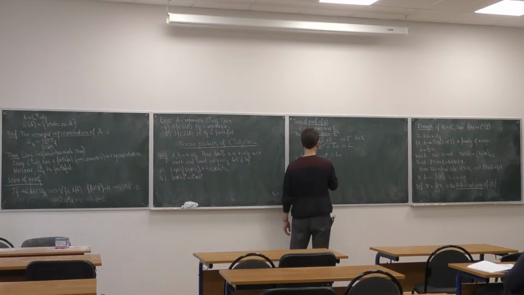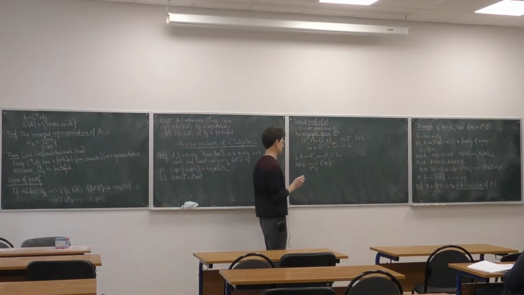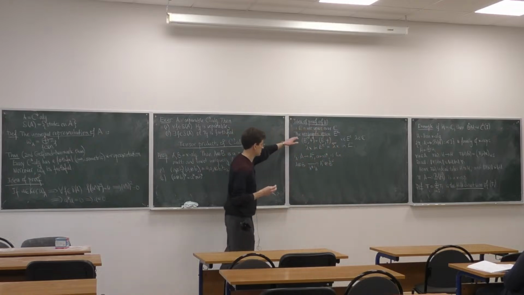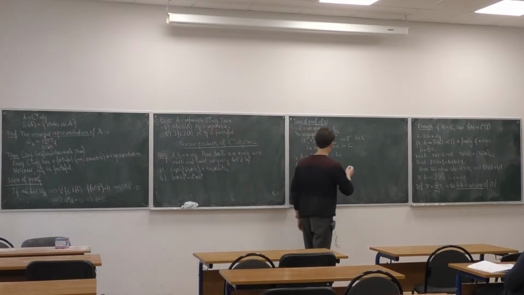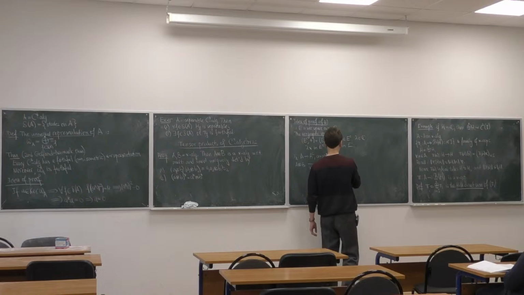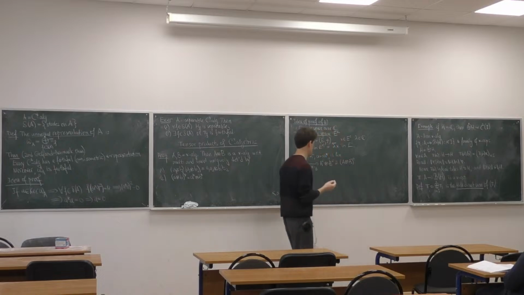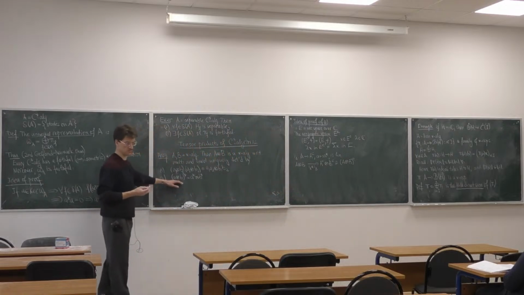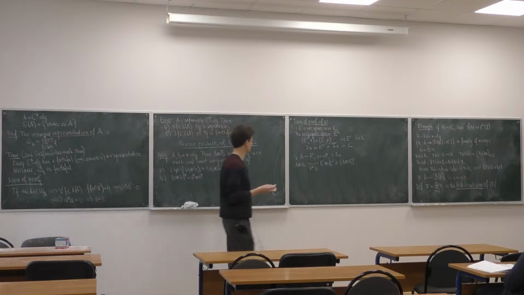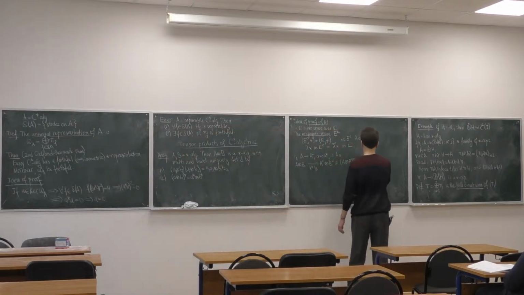So it acts to AC tensor BC. And now it's a simple exercise to show that this construction of taking the conjugate space commutes with tensor products. So it is naturally isomorphic to A tensor B conjugate. And as a result, we get an antilinear map on A tensor B. And this is exactly the involution we are looking for. Okay.